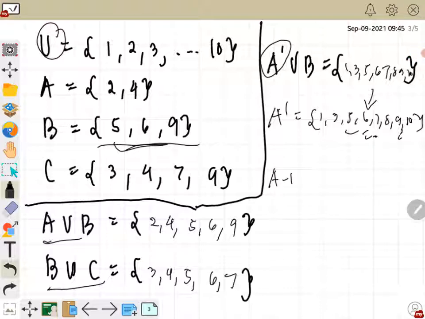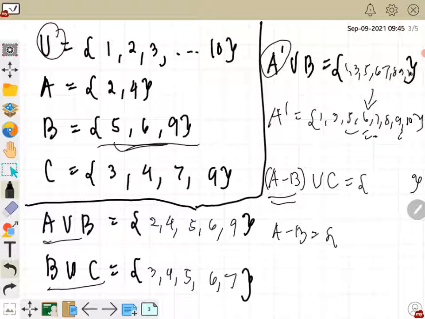Okay? Suppose we have A minus B, then I'd like to combine it with C. So what do you think are those elements? So now, since we have A minus B, let's find first the elements of A minus B. What do you mean by A minus B?